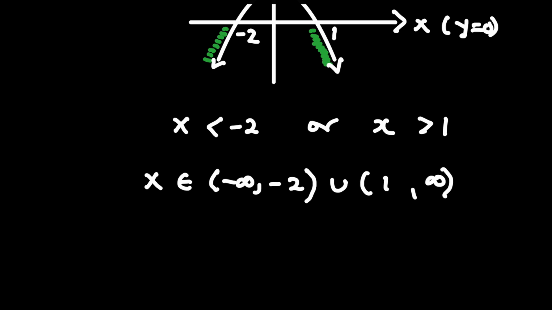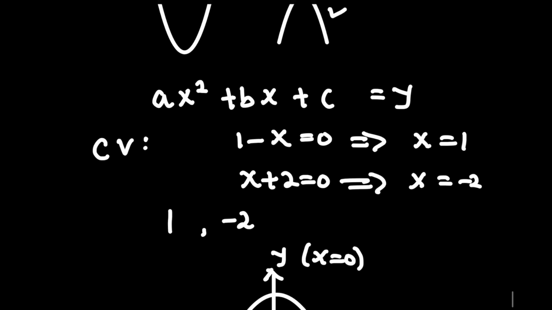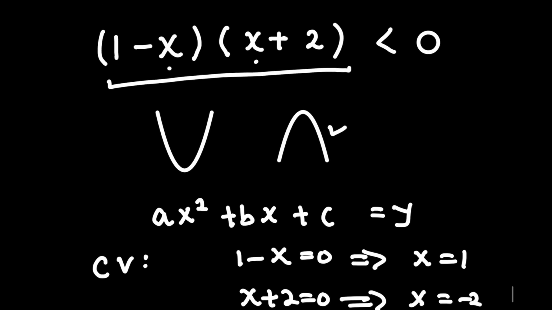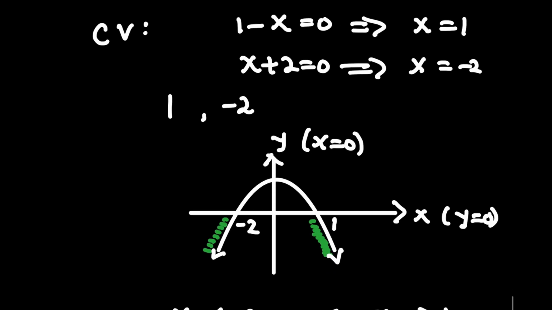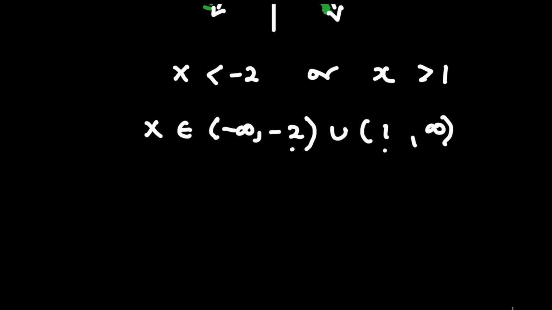Remember that the round brackets show that minus 2 and 1 are not included. They would only be included if there was an equals to at that point; if it was less than or equal to 0, then we'd have square brackets. Okay, cool, so this is your final answer.